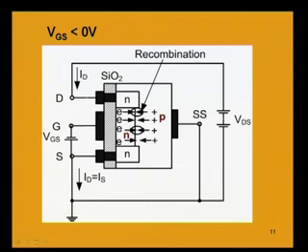Now, if we go on decreasing the VGS further, the drain to source current will go on decreasing, and ultimately a point will be reached when it will be 0. As the number of free electrons goes on reducing because of the recombination, and as we increase the gate to source negative voltage, there will be more and more recombination.